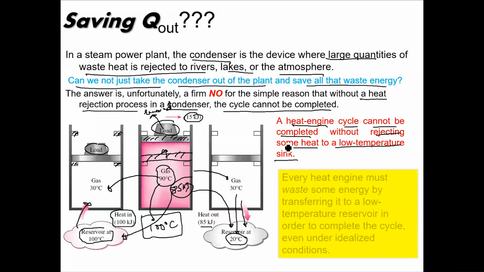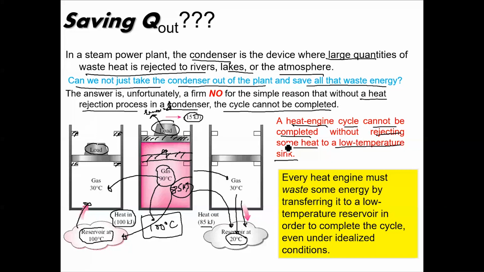That means every heat engine must waste some energy by transferring it to a low temperature reservoir in order to complete the cycle, even under the idealized condition. So eliminating Q out is essentially not possible.